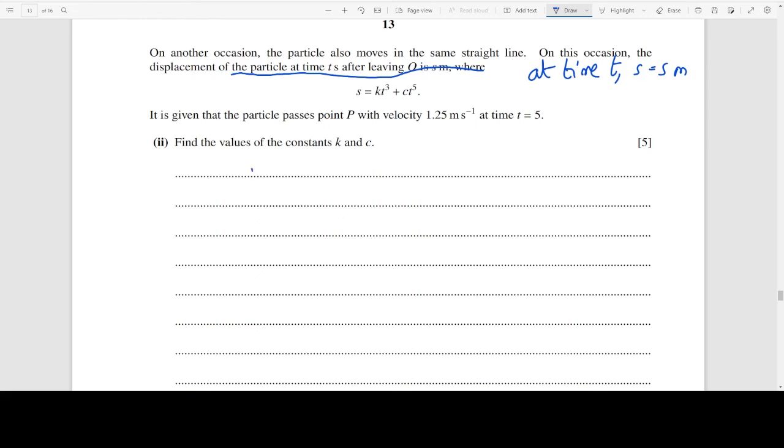We know that velocity is the derivative with respect to time of displacement, which is equal to 3kt² plus 5ct⁴.